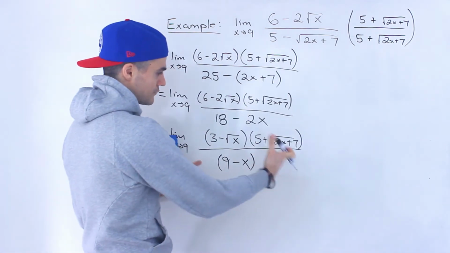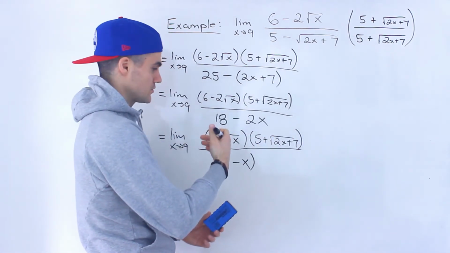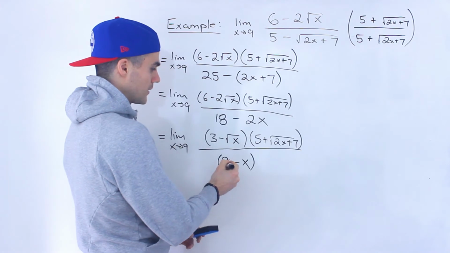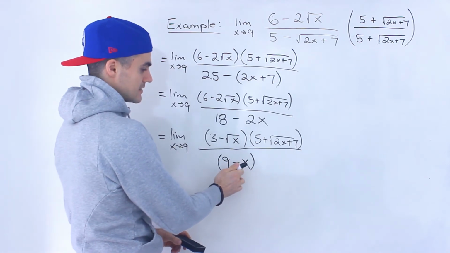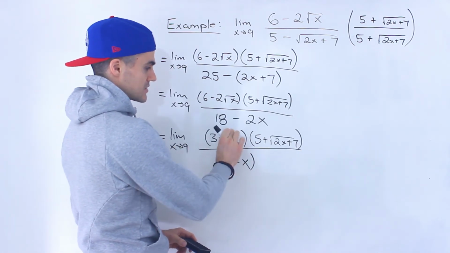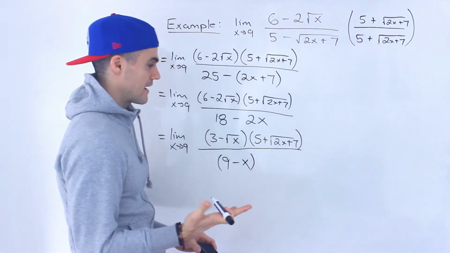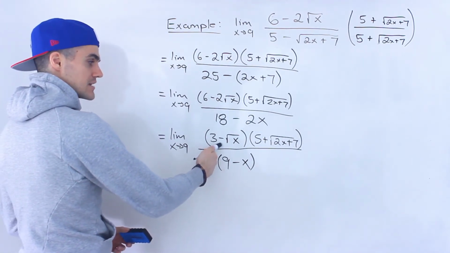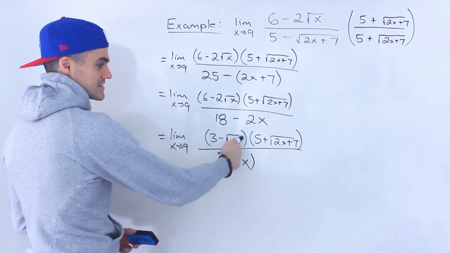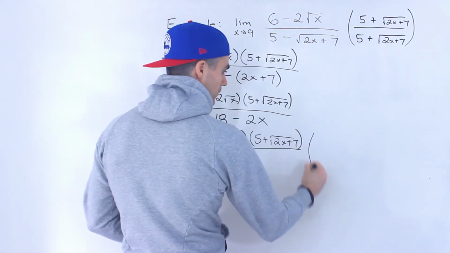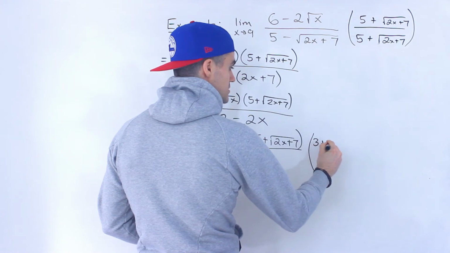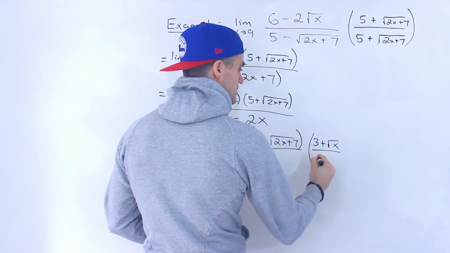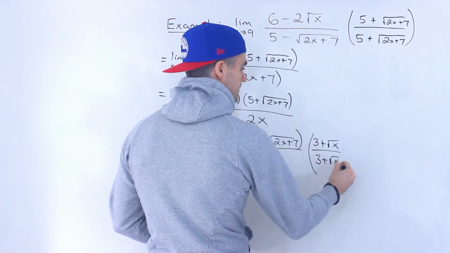Because notice, even after we simplified, after we factored out that 2 in the numerator and denominator, we still can't cancel out this 9 minus x with this factor or that factor right there. And so what we got to do is we now have to rationalize the numerator. We got to rationalize this factor. So what we would do is we would multiply all of this by 3 plus root x over 3 plus root x.